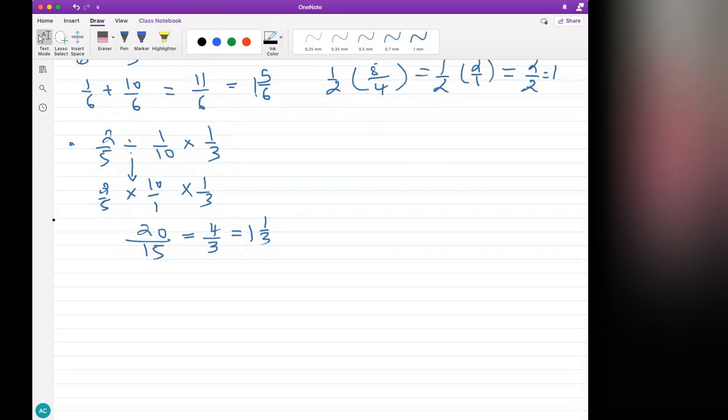So you may have a problem as a sentence, and then you translate it first into this before you use the order of operations. So let's translate that, or do the translation.